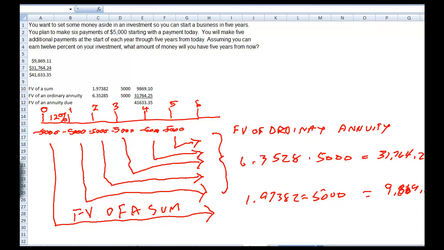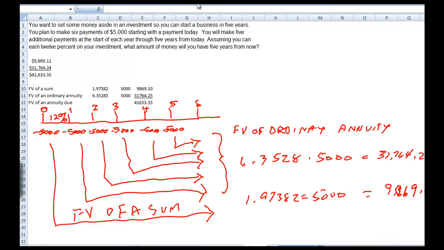Well, let me erase this. I want you to be able to see it. Still not a very good 8, but I think you can follow the flow. Anyway, so if you add those two up, that's the same thing as we came out to. And the 6.3528 is the future value of an ordinary annuity factor.